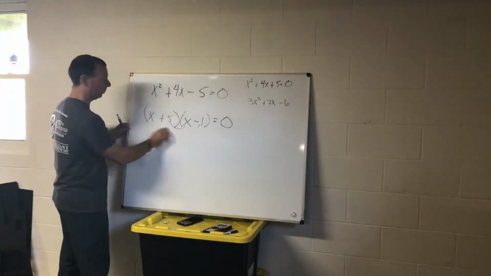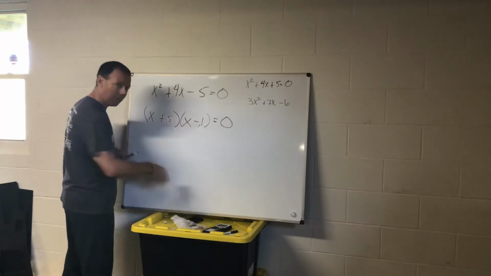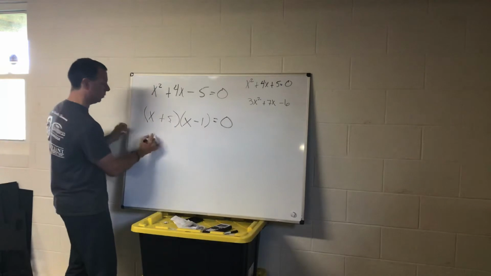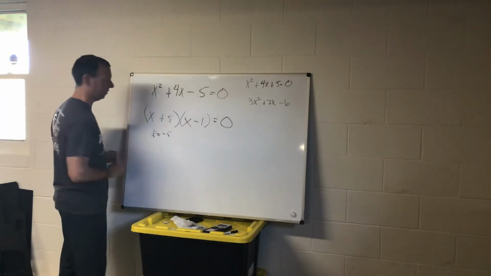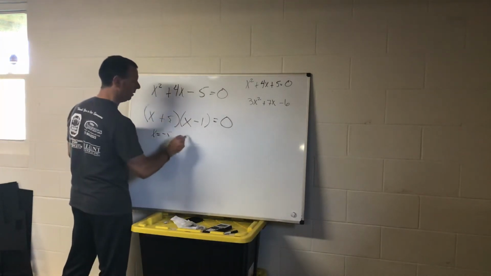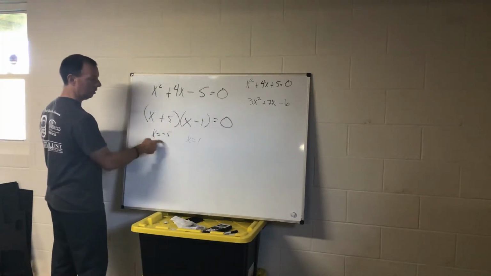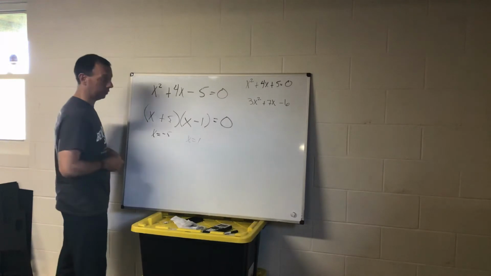So there's my two parentheses. And now I have to use the zero product property rule. This one, x would have to be equal to -5. And over here, x would have to be equal to 1, smaller factor, larger factor.